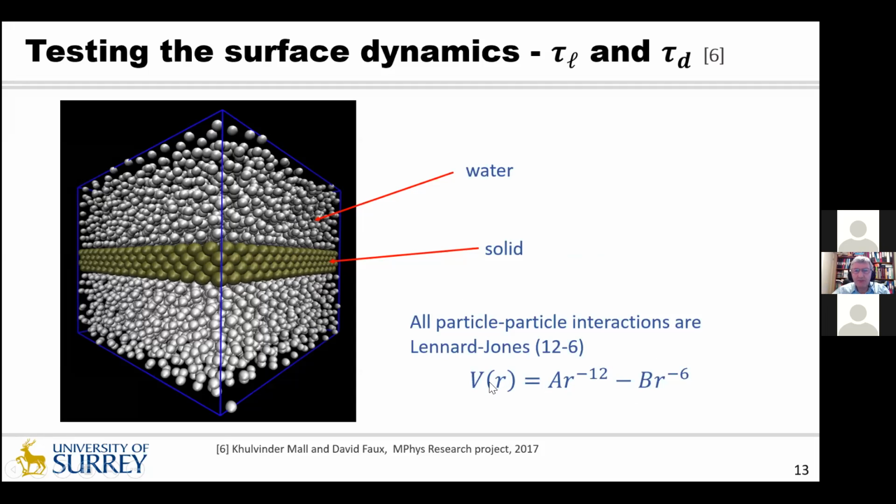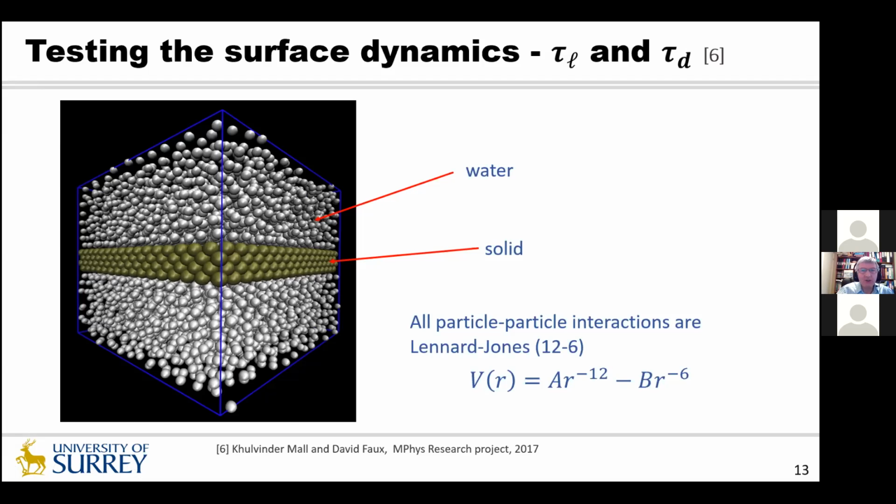We then are able to apply a Lennard-Jones interaction between the solid atoms and the water atoms at the surface, and just scale that accordingly to our desires. So we multiply by a factor, change the A and the B, so we can tune the interaction strength of the solid-water interaction.